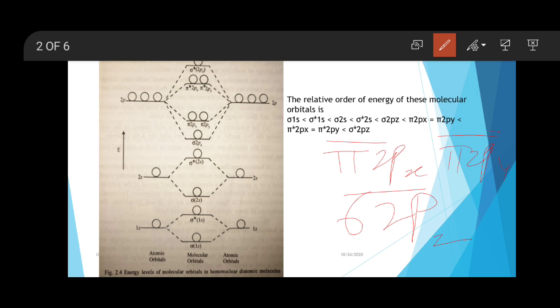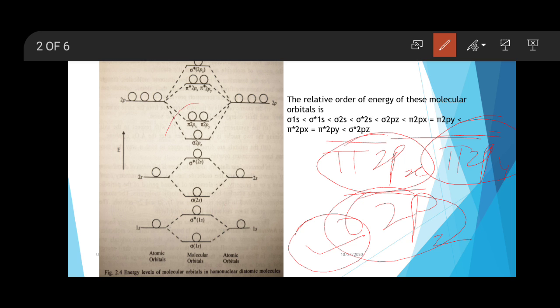Because sigma 2pz is formed by axial overlapping, while pi 2px and pi 2py are formed by lateral overlapping. That's why axial overlapping orbitals are more stable, so lower in energy, while lateral overlap orbitals have less stability. That's why they are higher in energy.